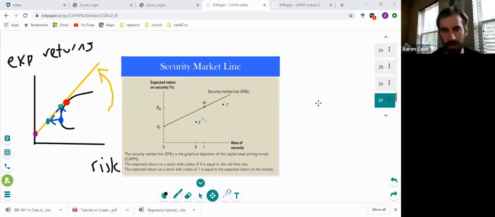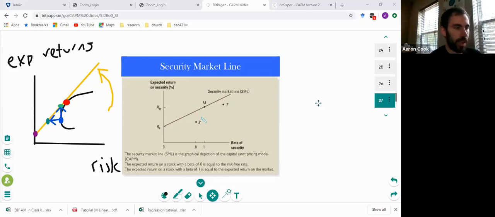The same principle applies with the market as a whole, where instead of representing risk on the x-axis with the standard deviation of the portfolio, we're going to represent risk by the beta of the security, which is the amount by which the individual asset moves either with the market in an exaggerated way, or maybe in a muted way, or maybe in a negative way.